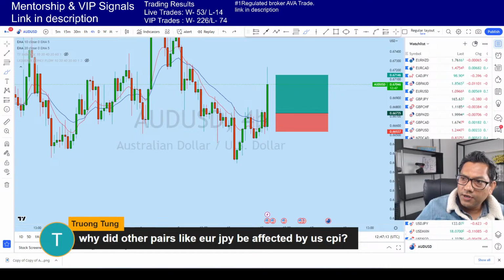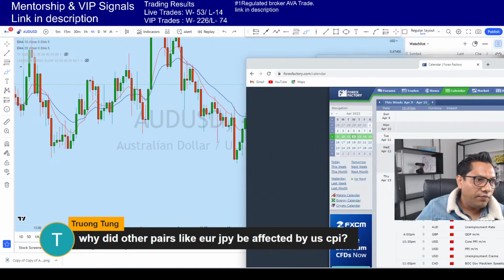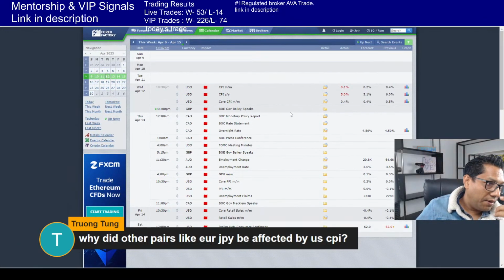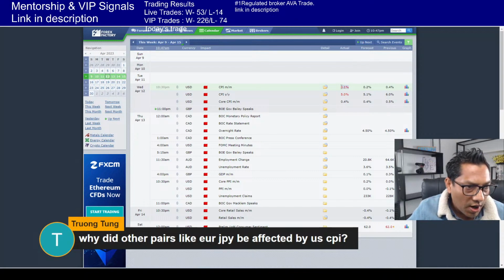So if we look at the calendar, which is very important to look at, we'll then analyze which way the market might be heading. There is another news release coming at 11 p.m. At 10:30 p.m. the CPI was released on USD, and you can see the result is reflecting on the DXY.